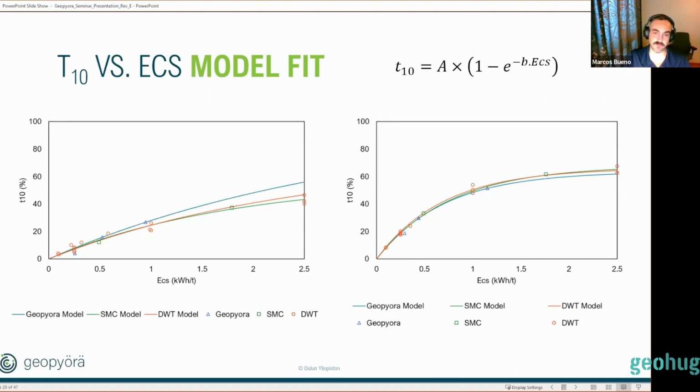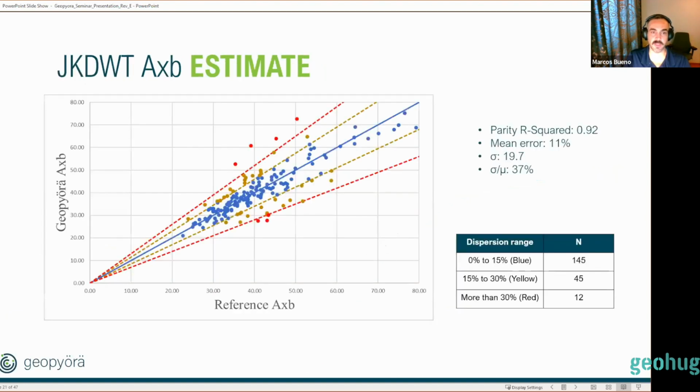Here we have 2 fits as an example, but the complete database is captured in this figure, where to date we tested more than 200 samples for validation. This was test work that was required by many of our customers in the beginning. They wanted to know if we would be able to generate the A times B parameter accurately.